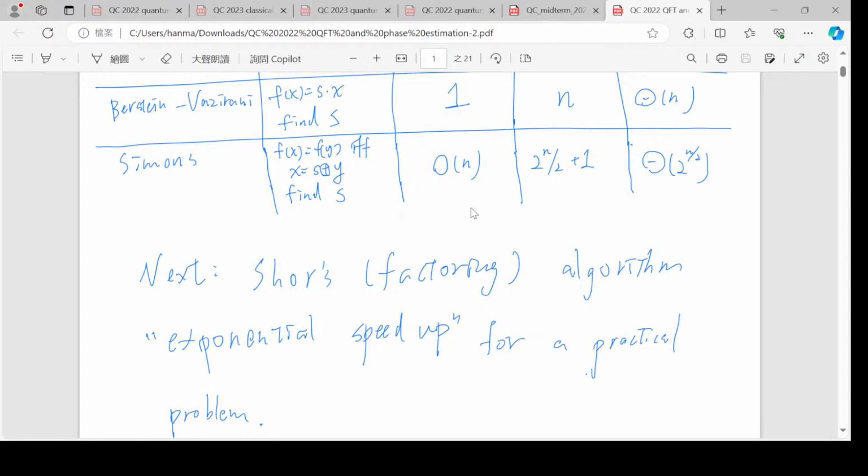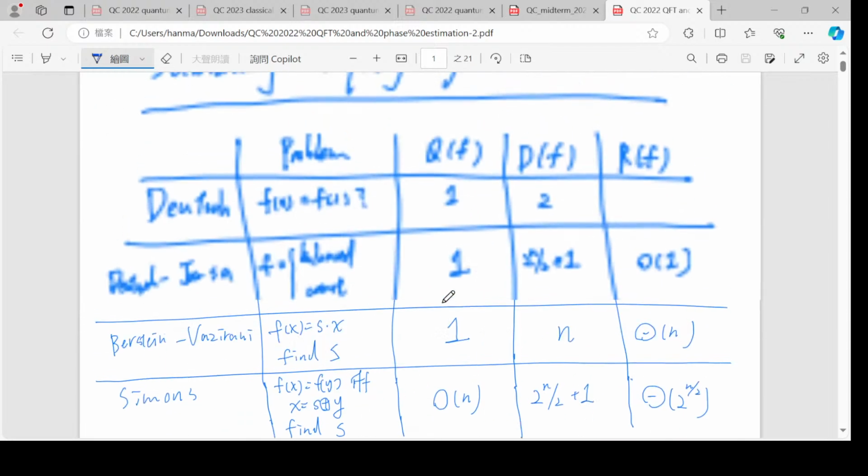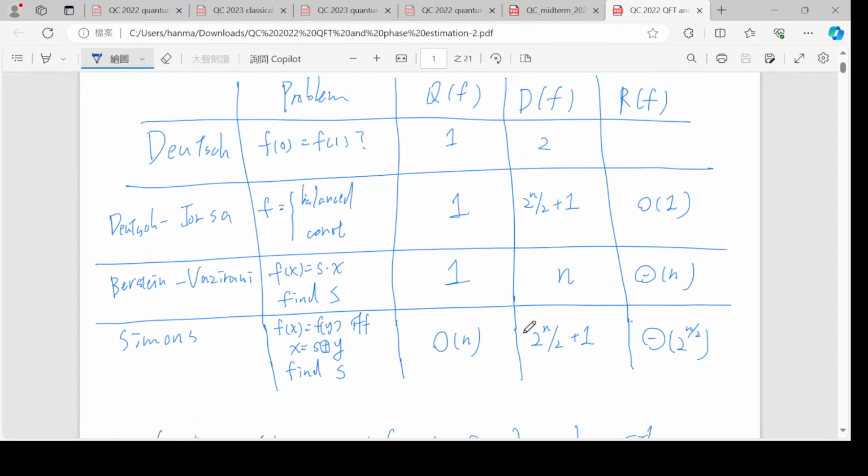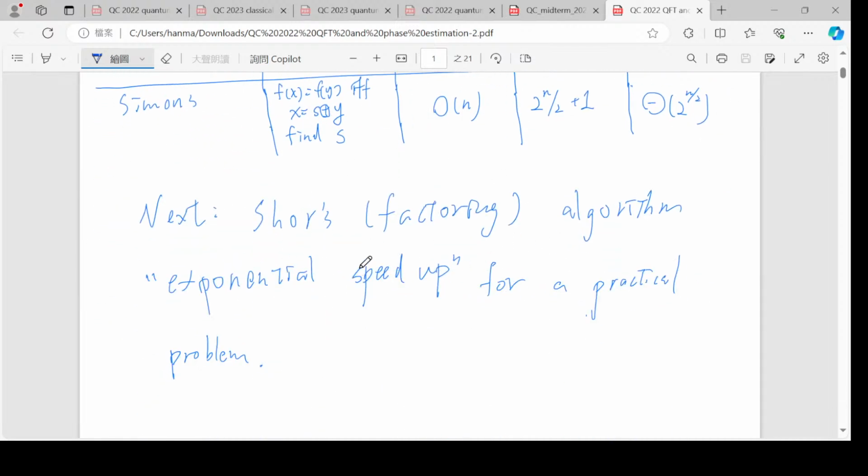But now we want to see an exponential separation on a practical problem. And here we have a practical problem: factoring. So we are now going into the famous Shor's algorithm, where we will see an exponential speedup between quantum and classical algorithms. But factoring is actually not a query problem, although we have been talking about query problems.